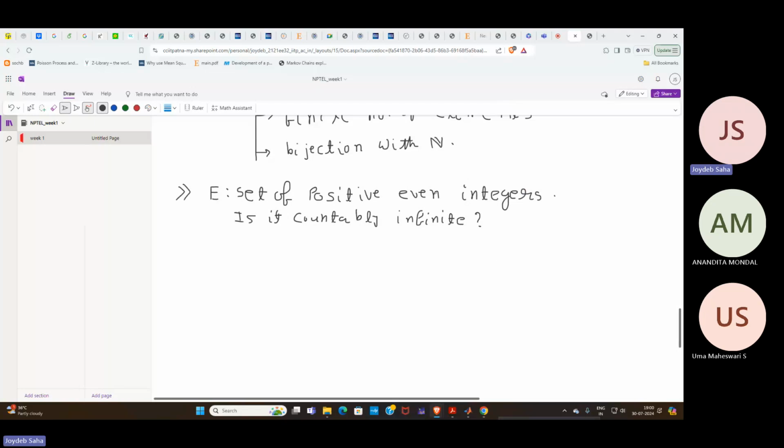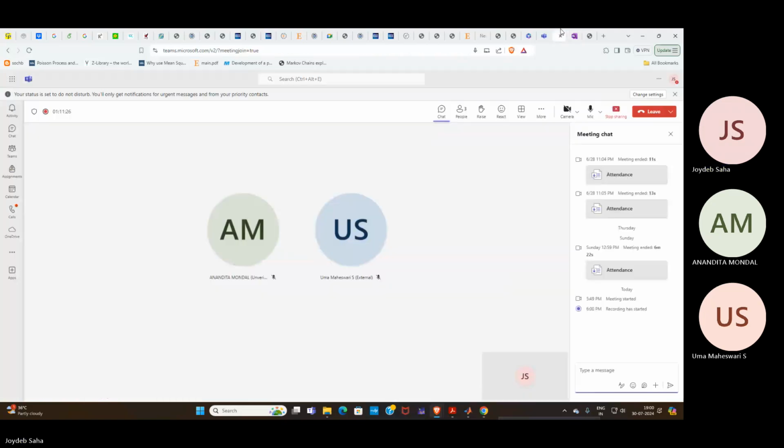And what are the natural numbers? If we start from 1, 2, 3, 4, and so on. So now, what is the answer of this question? If E is the set of all positive even integers, is it countably infinite?